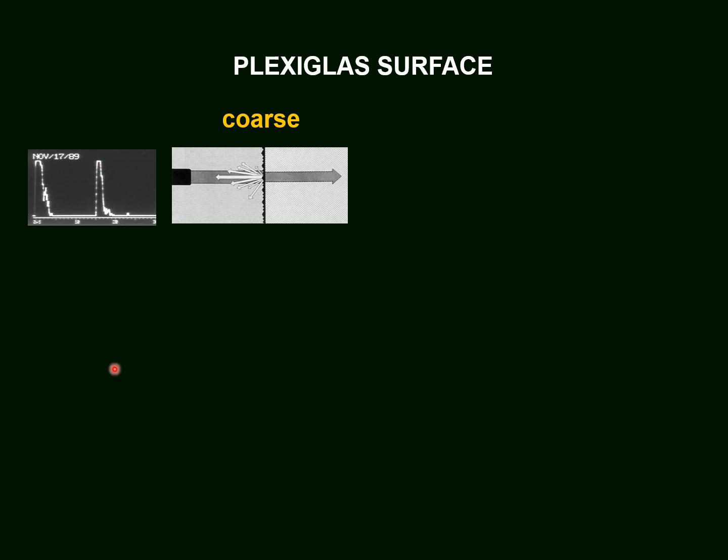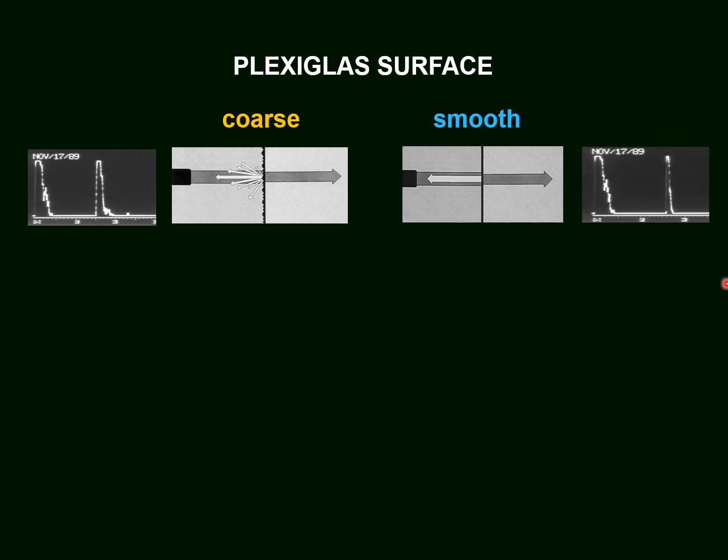The signal is high. And when we have a smooth plexiglass surface in water, this echo spike looks clearly different from the previous one.